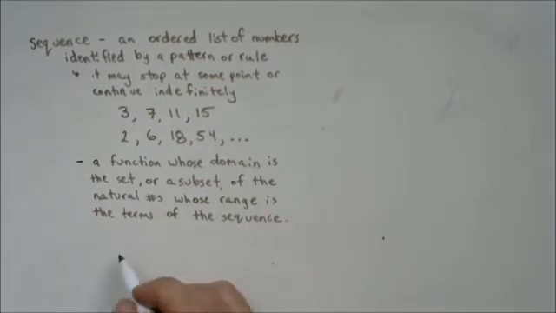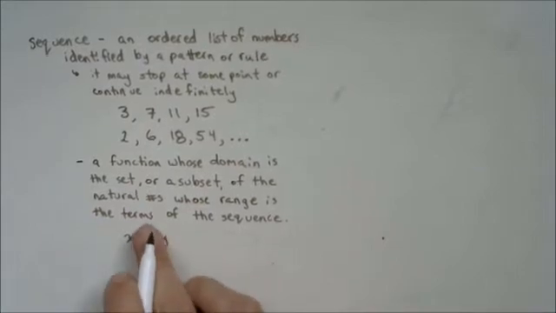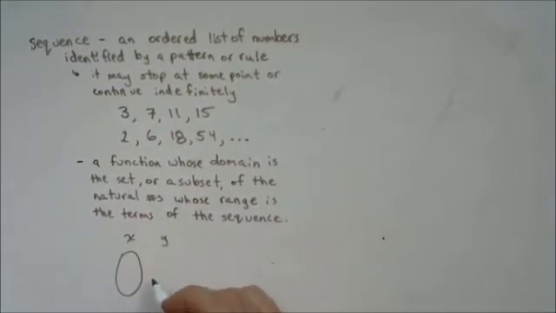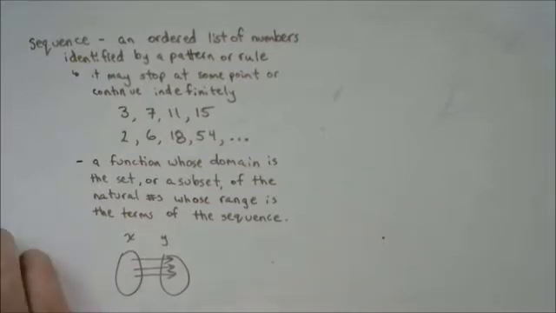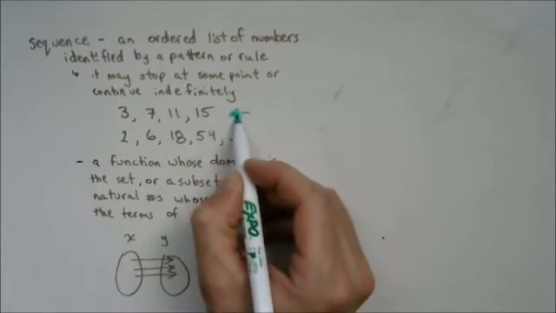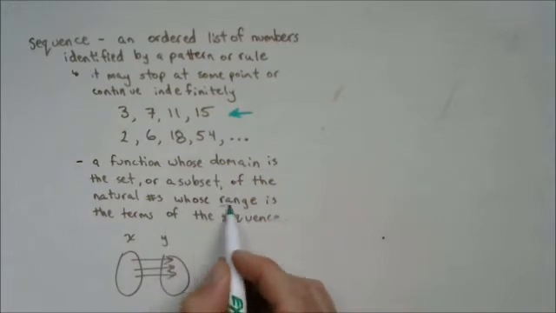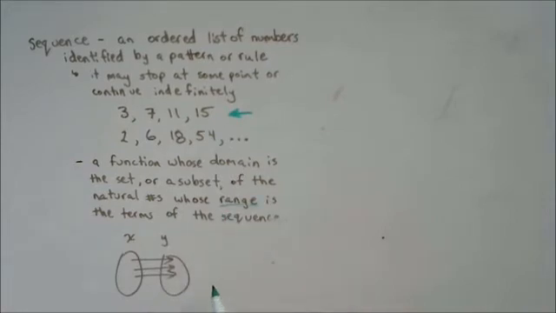So right away, you're getting back to domain and range, or when we used to use mapping diagrams, domain maps to the range, right? Well, you can see that if we consider just this sequence here, there are 4 terms, and the terms of the sequence indicate the range. Well, what's the domain?